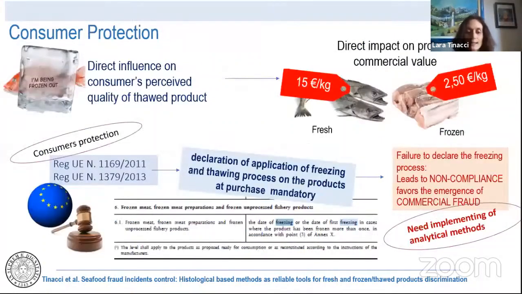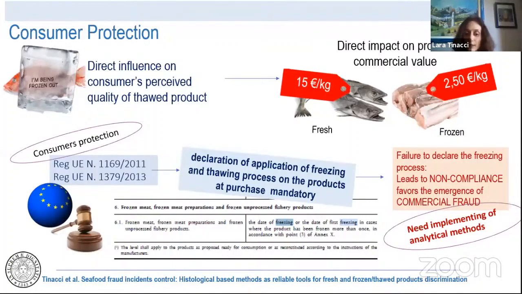This aspect has a tremendous and direct impact on the consumer's perceived quality of thawed product, and of course a direct impact on the product's commercial value. Thus, in order to protect the consumer's interest and safety, pursuant to specific European regulation on food and seafood labeling, the freezing occurrence and the freezing date must be indicated among the mandatory information for the correct labeling of fish products.